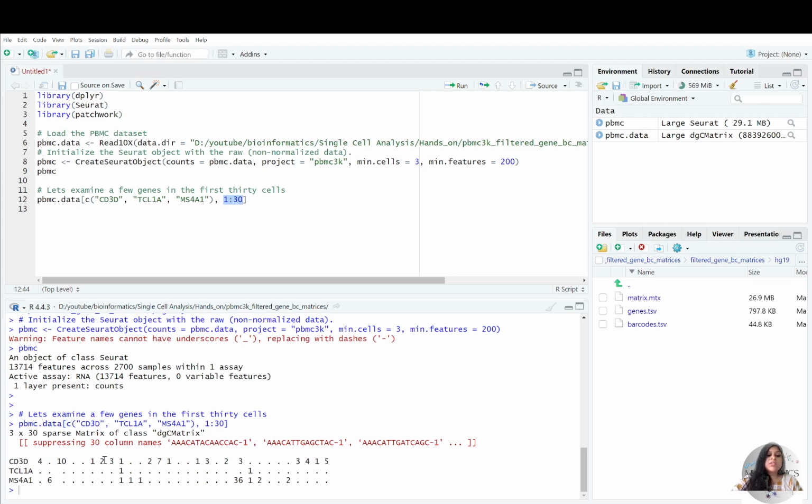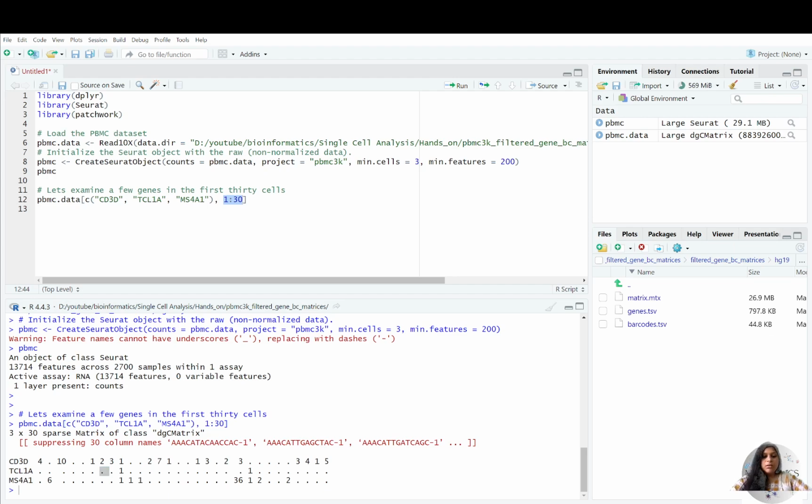So these are the expression levels that we are getting. Similarly, for the TCL1A gene, and this is for the MS4A1 gene. So wherever there are dots, that means the value is 0 and they are not being expressed in that cell, or otherwise they have not been captured during the assay. Right?